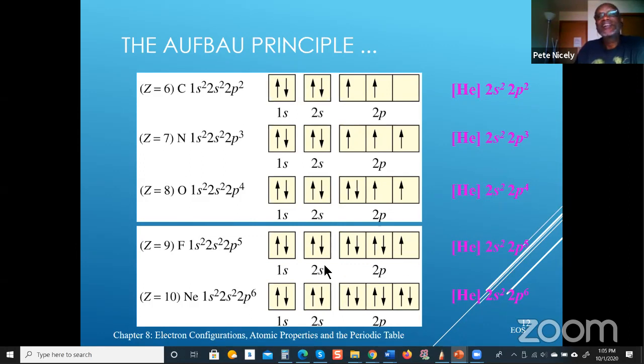The octet would be the 8 electrons in the outermost shell, the valence shell, which would be, in this case, the second shell, right? And that's one of the reasons why fluorine is reactive, because it will need just 1 electron to get the full outer shell, which will be more stable.